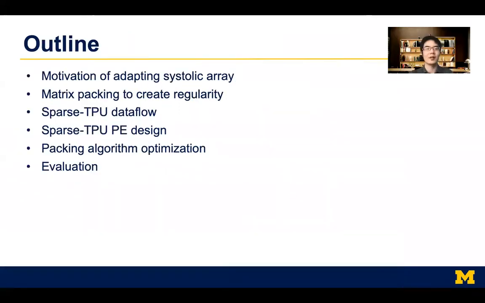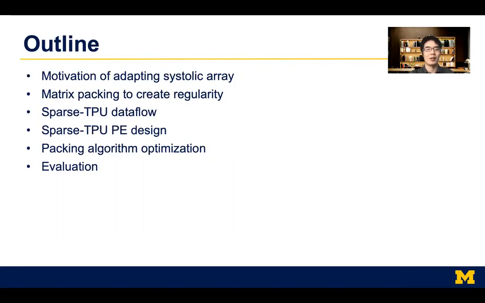Here is the outline of this talk. First, I will talk about the motivation of adapting systolic arrays to handle sparse matrices. Then I will show how to use matrix packing to create a regularity so that the sparse matrices can be mapped onto the systolic array efficiently. Then I will show the proposed Sparse-TPU data flow.